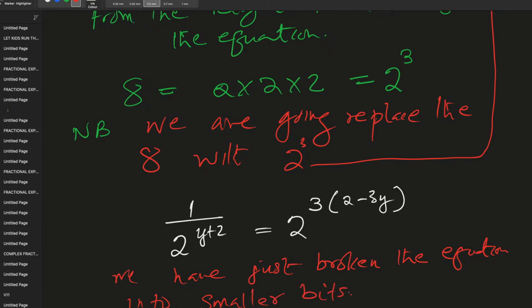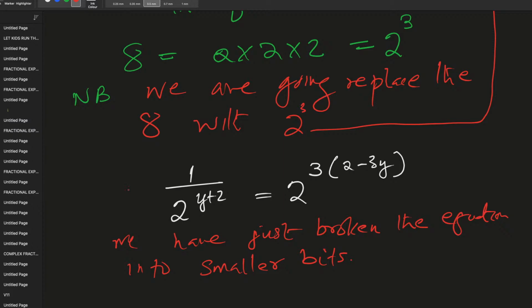Okay, it's easy. But now, this one over here, we can also do something about it. Look at it. This is 1 over 2 raised to the power y plus 2. We can do something about this one as well.